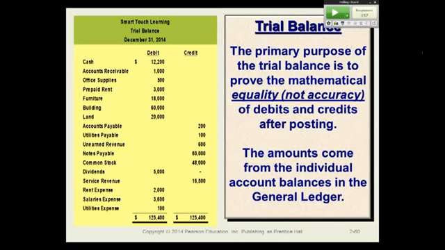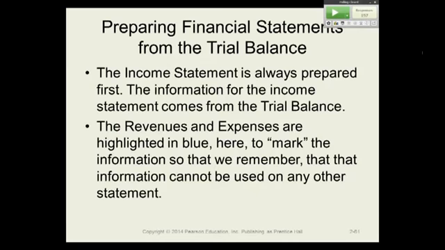So again, they are listed by account number, not necessarily by debit and credit. All of the assets come first, then the liabilities, then the equity accounts with revenue and expenses to follow. And again, it is your first year of operations, so there is no beginning retained earnings. I'll get back to that.